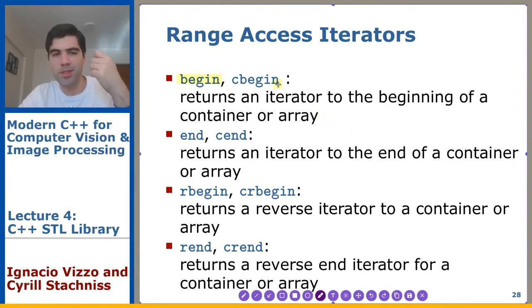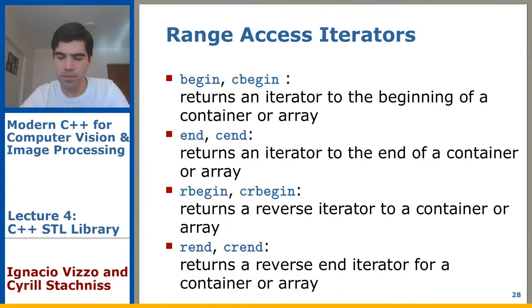Of course, the intention is expressed in the name of the function. Then there is also cbegin, which is a constant iterator to the beginning of the container, so you can access the container but you cannot change its value. You can also access end and cend, and then the r stands for reverse begin, and crbegin stands for constant reverse begin, and so on, right?